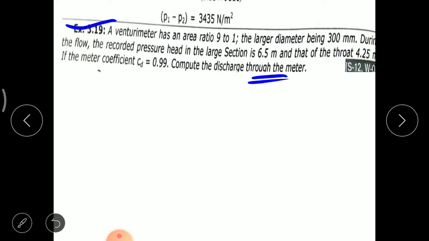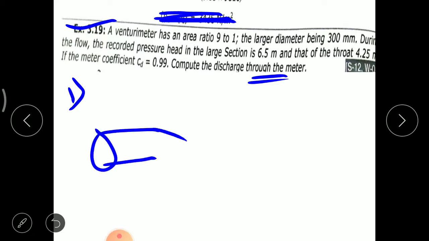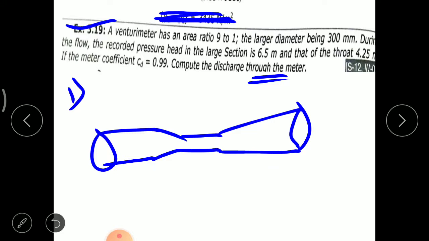Here we have to calculate the discharge through the venturi meter, and we have some given data. The first is the ratio of venturi meter diameters. This is our venturi meter, this is the convergent section, this is the throat section, and this is the divergent section, and the fluid is flowing from this point towards this point.